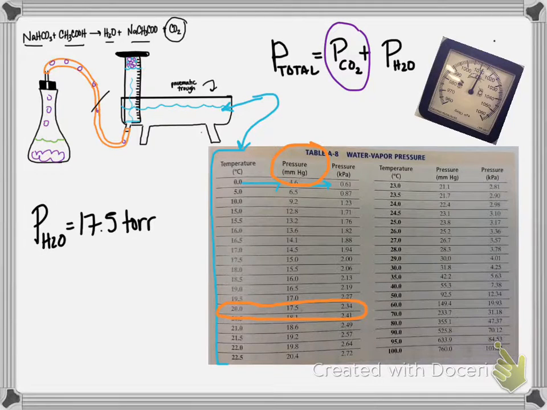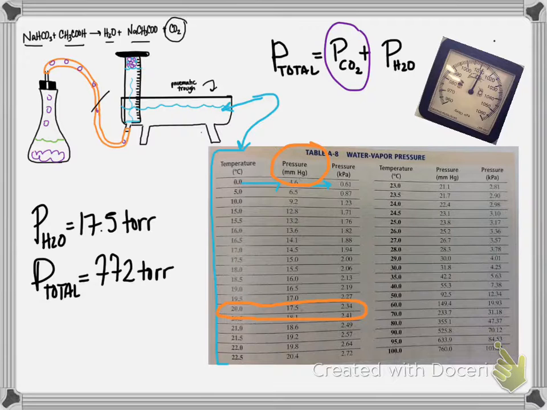We'll use a barometer, not this one, to take a reading of the actual barometric pressure or atmospheric pressure in the room at the time that the reaction was run. So, for our purposes, let's say that atmospheric pressure today in this room where we've just run this reaction is 772 torr.